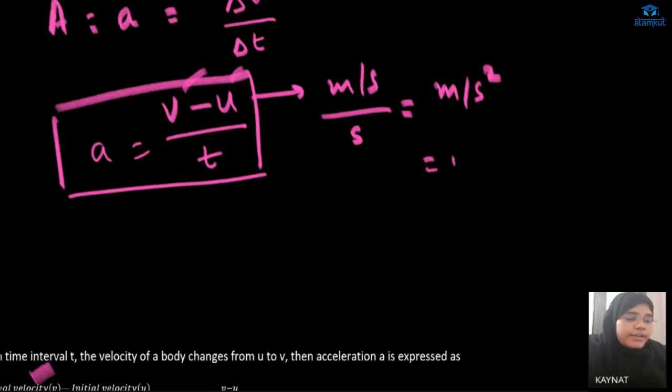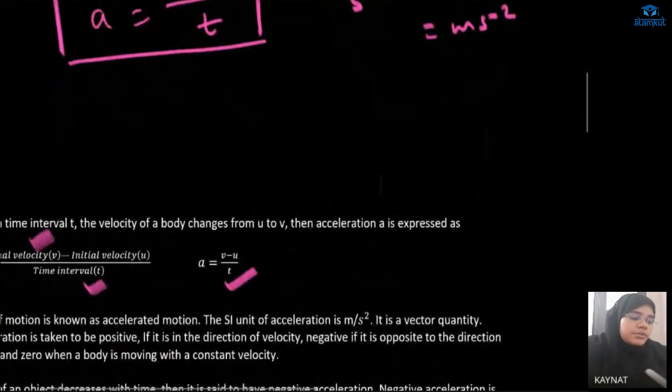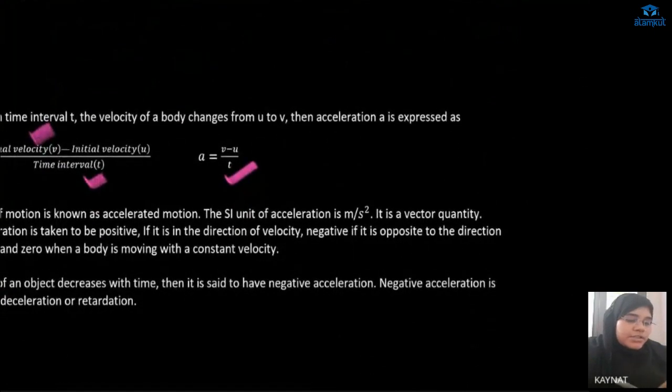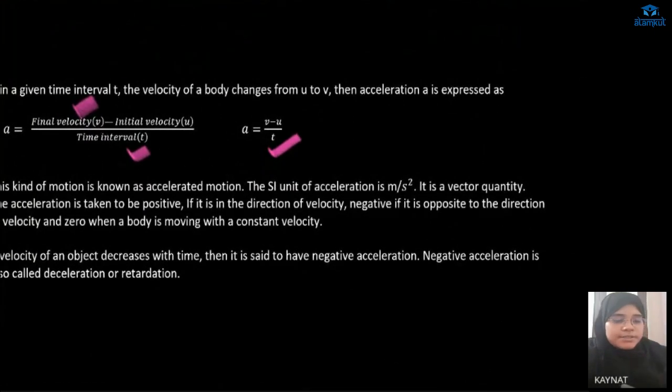We can also write it as meter second to the power minus 2. So the SI unit of acceleration is meter per second square.